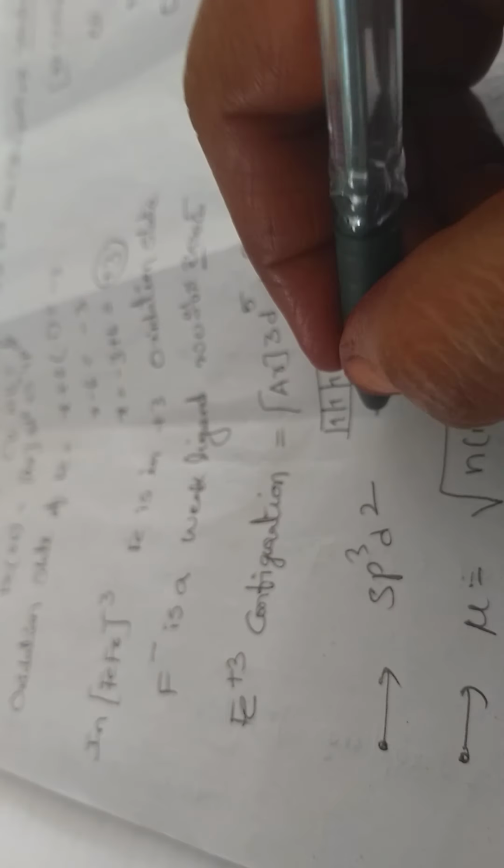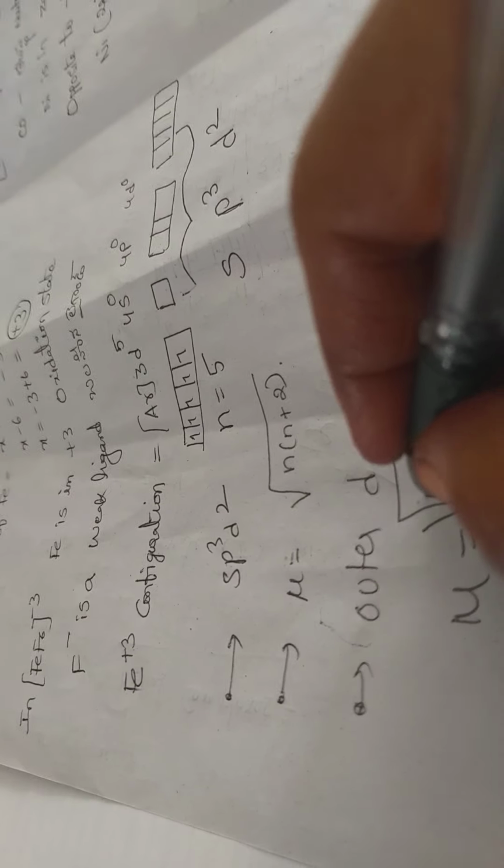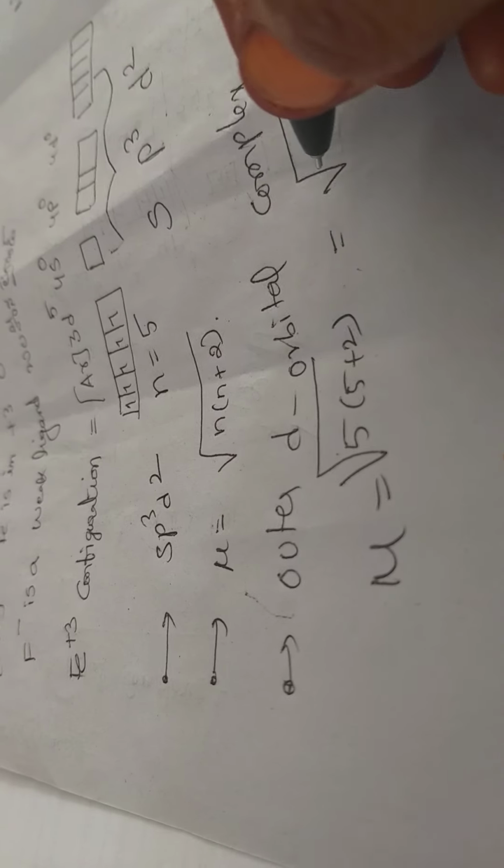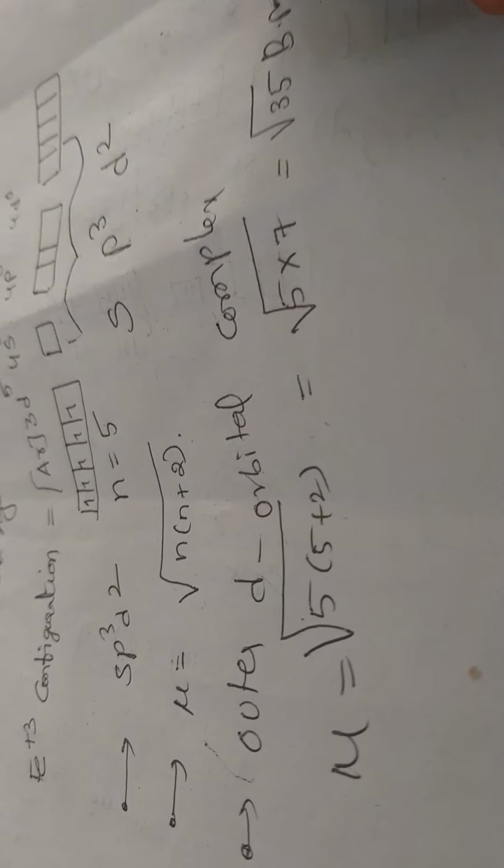The magnetic moment, mu, is equal to the square root of n into n plus 2. How many single electrons are there? 5 single electrons. Substituting in this formula, 5 into 5 plus 2 equals 5 into 7, that is 35, so root 35 Bohr magnetons.